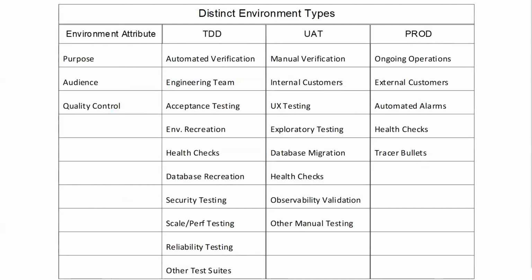The different environment types have different operations that you do on each of the environments, and this is covered in the book in the last 3 chapters. The purpose of the TDD environment is automated verification, then manual verification, then ongoing operations, and you can see the different quality control steps that happen in each of the different environments.